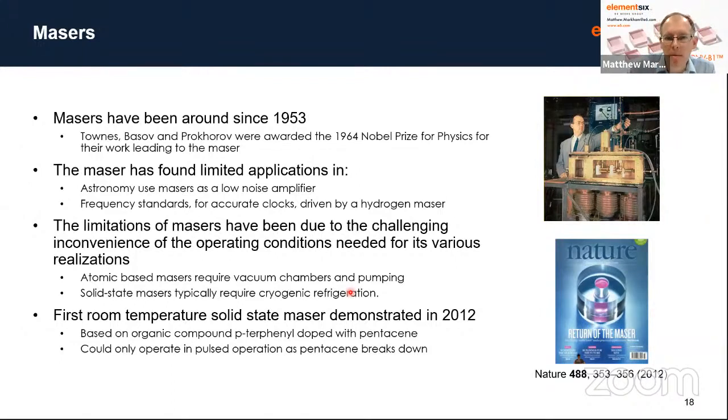This is partly due to the limitations in maser technology. Typically, you have to use cryogenics or vacuum systems, so making mobile systems much more challenging. And that means they've only really been used in things like astronomy, as low noise amplifiers, or frequency standards such as in atomic clocks.